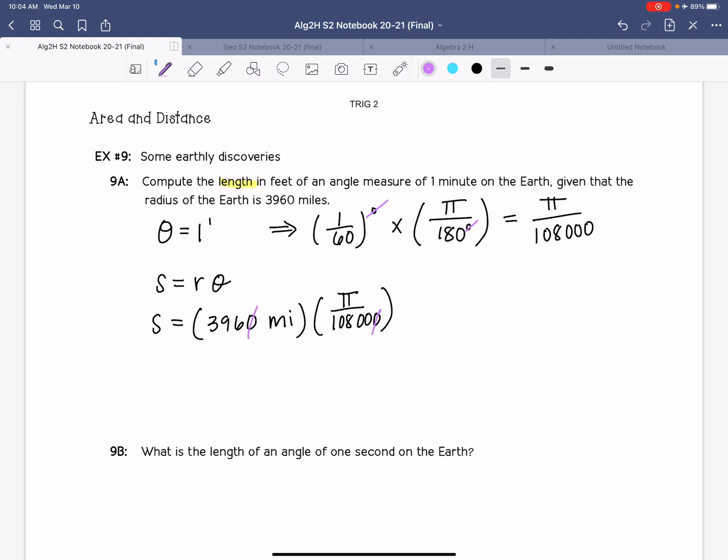What else could we do? I think 11 and 30. Let's see here. Just trying to see what this simplifies by. Try some numbers. I think 36 goes into both of those. So 36 goes into this 11 times, and 36 goes into this.